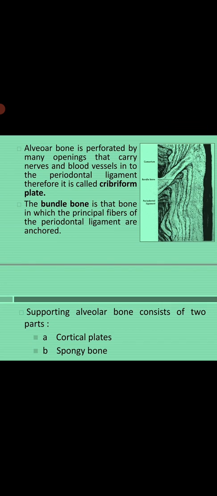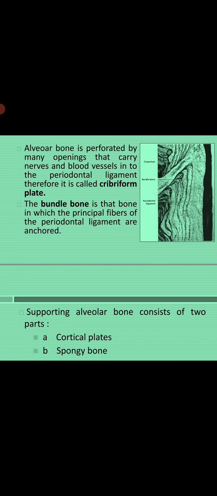Like in our skull, olfactory nerve fibers pass through a bony plate which is known as the cribriform plate, which is porous. Here, the same alveolar bone is perforated by many openings, therefore it is known as cribriform plate, because the blood vessels and nerves pass through this bone perforation into the periodontal ligament.